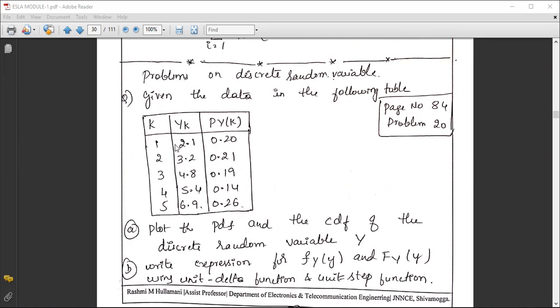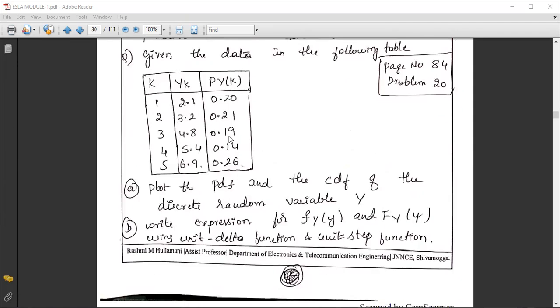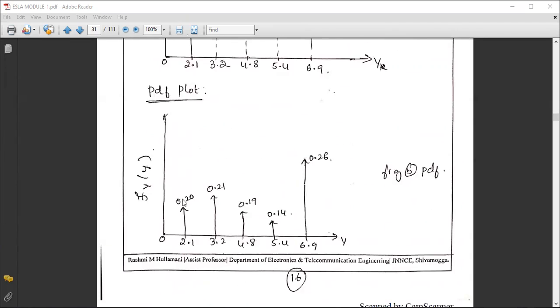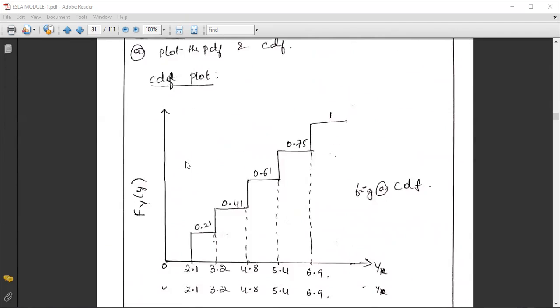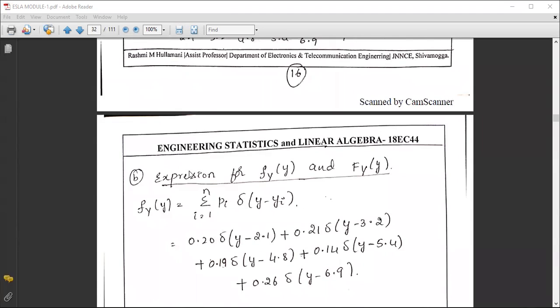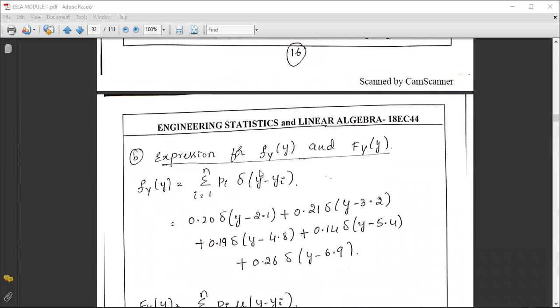We plot y_k along the x-axis and p(y_k) along the y-axis. We have plotted the CDF and PDF.